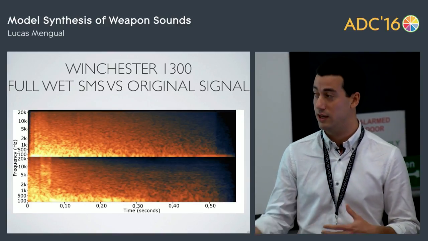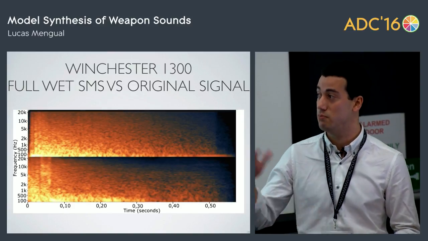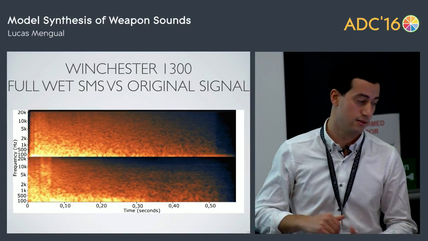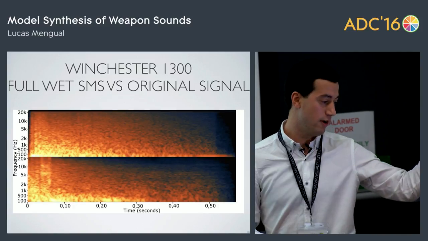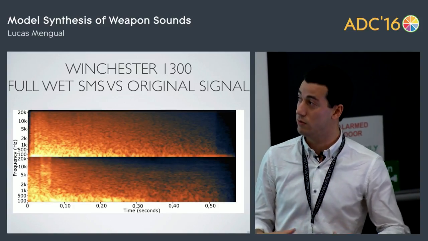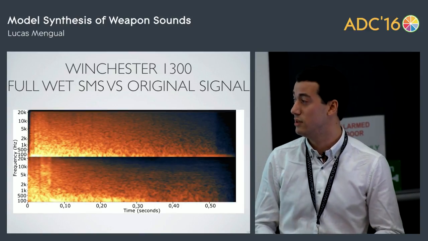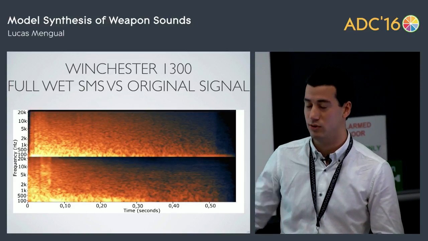Basically, I captured the energy levels, and I used the amplitude envelope to shape different energy levels in the frequency bands. You can see that from around 500 hertz and below, there's a lot of low-frequency energy, and it lasts about 0.3 seconds.